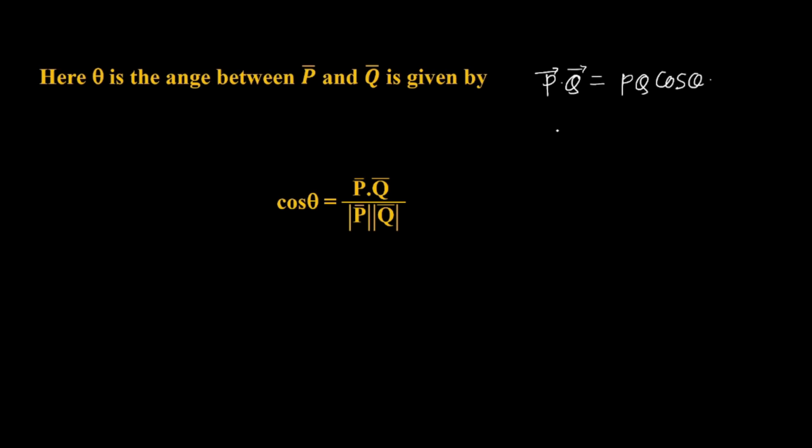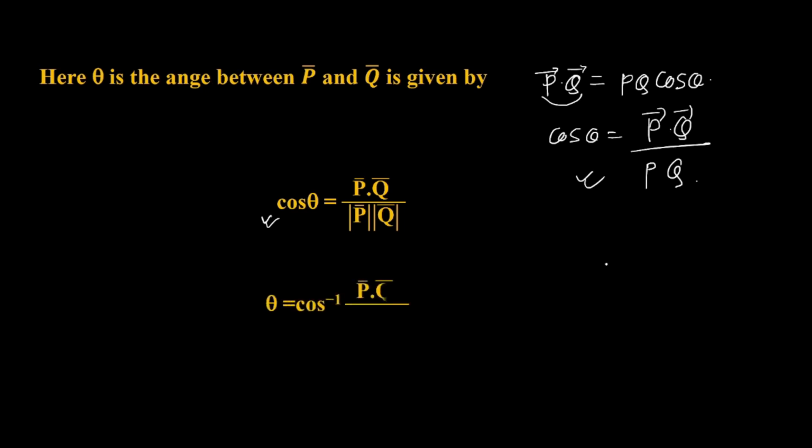So cos theta can be written as p dot q divided by the magnitude of p and q. Then theta can be found by taking the inverse cos of the dot product of these two vectors divided by the magnitudes of the two vectors p and q.